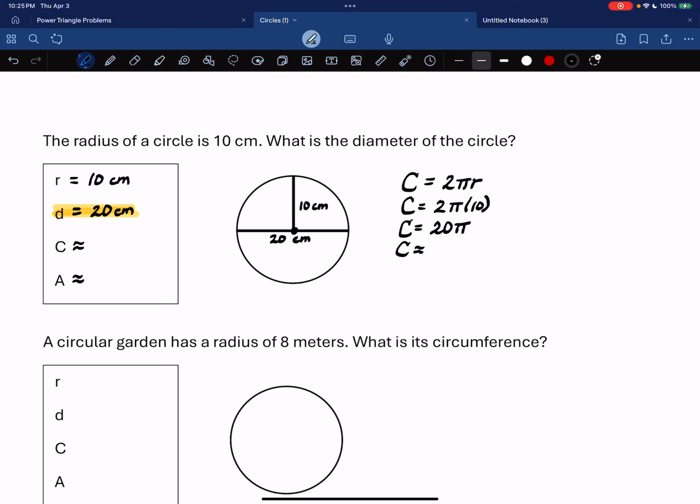And here I'm going to substitute 3.14 for pi and use my calculator to finish that off there. So 20 times 3.14 is 62.8, and these are centimeters. So that is the value of circumference. That's the distance around this circle.